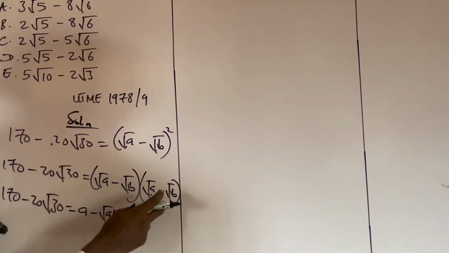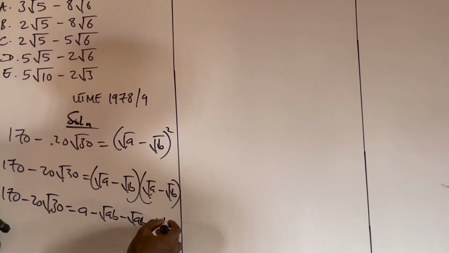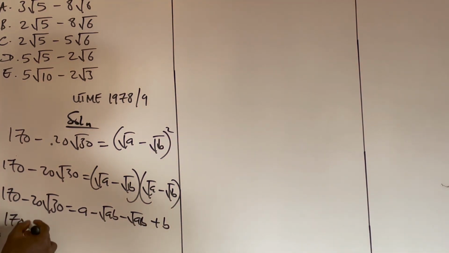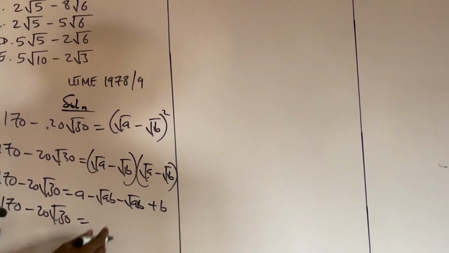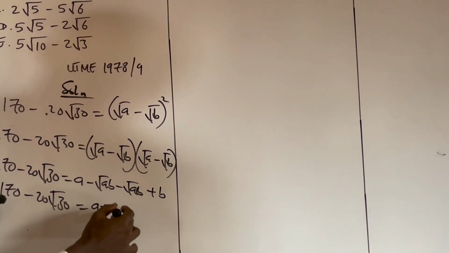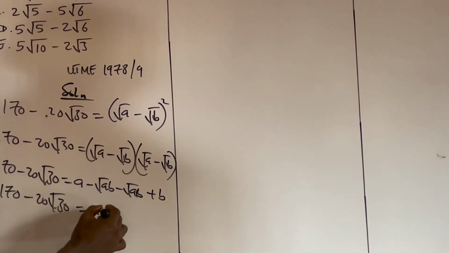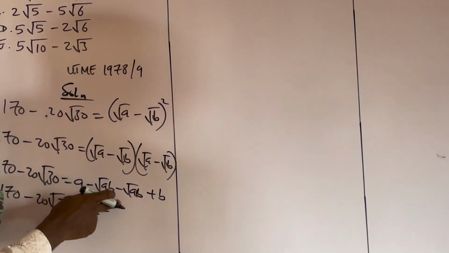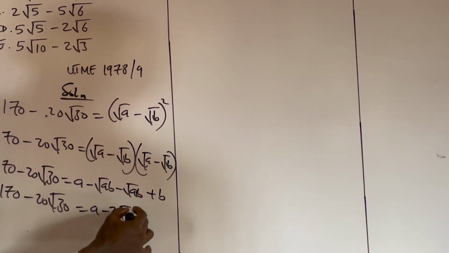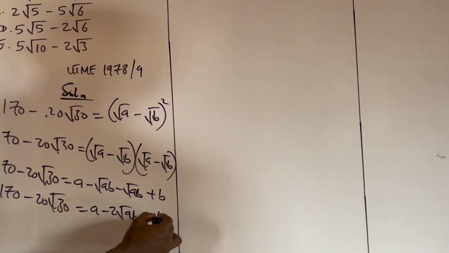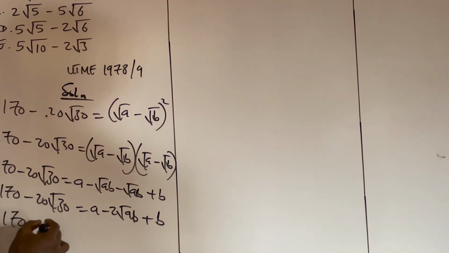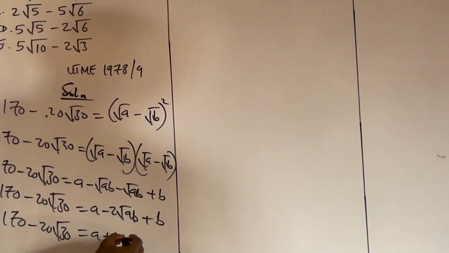Minus root B times minus root B will give us plus B. So here you have 170 minus 20 root 30 equal to A minus root AB minus root AB, which gives minus 2 root AB, then plus B. So 170 minus 20 root 30 equals A plus B minus 2 root AB.